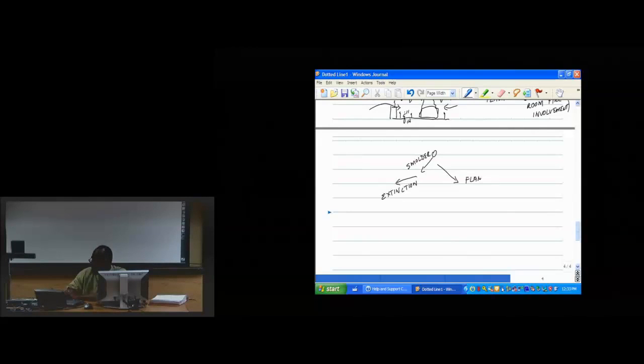So what can happen here is that we can have really an extinction process because we get a small item burning within a large environment, and it simply burns itself out. So we can have the fire contained to the initially ignited fuel packet, with no real damage to anything else.